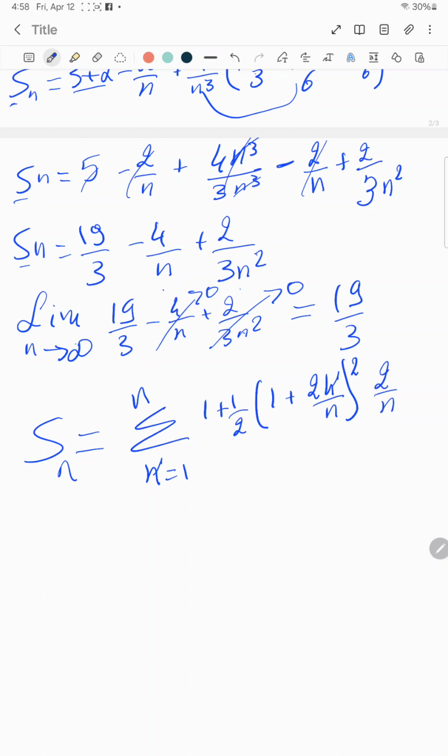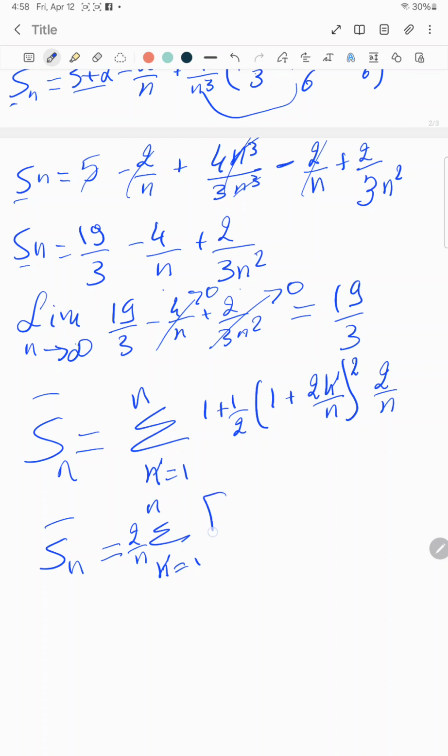If you follow the same logic and you do the calculation, you will have Sn, the upper bound, because I'm starting by 1, is equal to sum k equals 1 to n. And I will put 2 over n here.